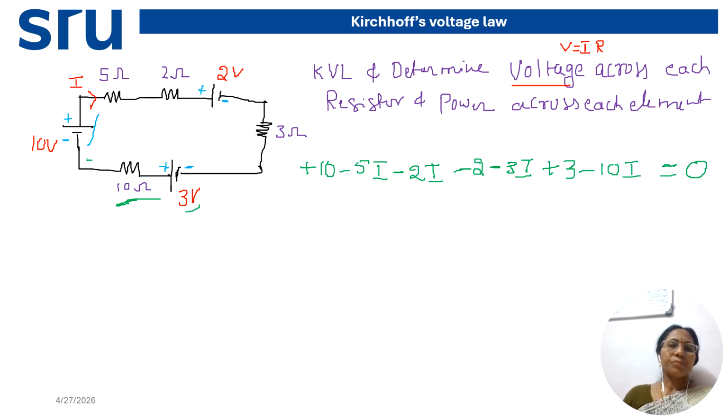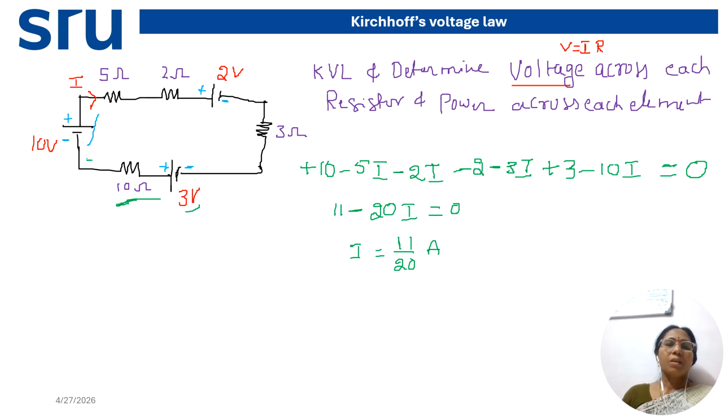And here minus 5I, minus 2I, minus 3I, minus 10I, that is minus 20I, equals 0. So from this we can write current magnitude I equals 11 by 20 ampere.